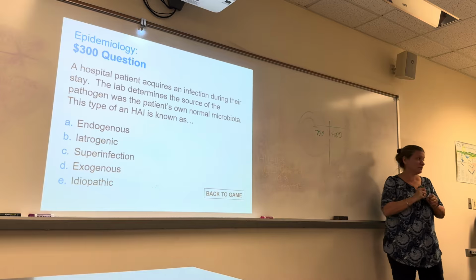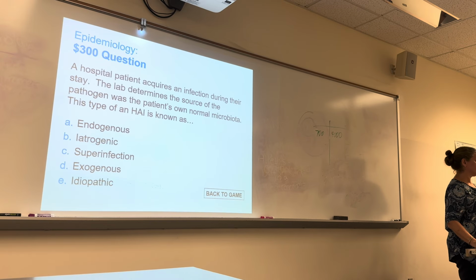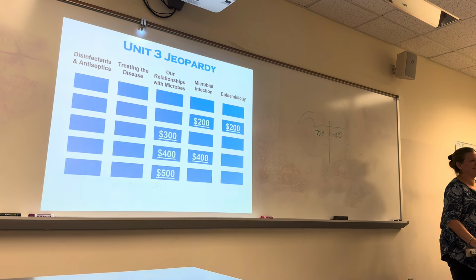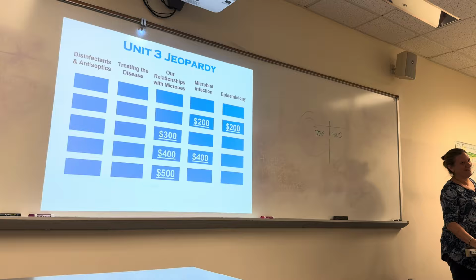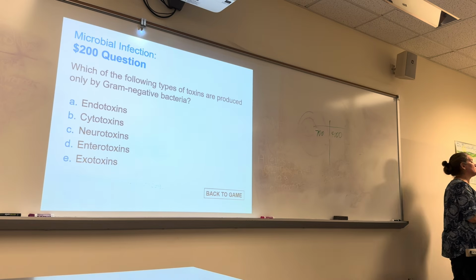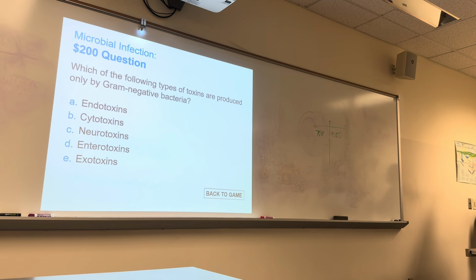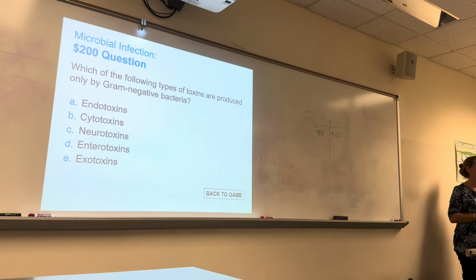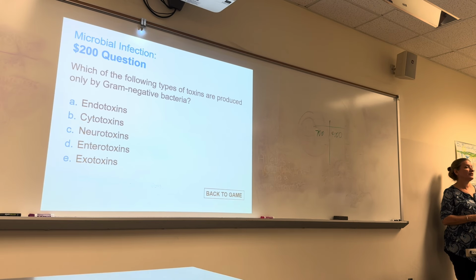Go ahead. Listen, I was trying to read. Whatever you want. Let's go with microbial infection 200. Which of the following types of toxins are produced only by gram-negative bacteria? A. A is correct.